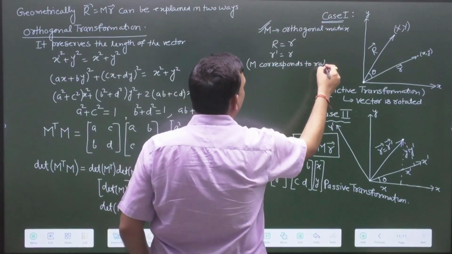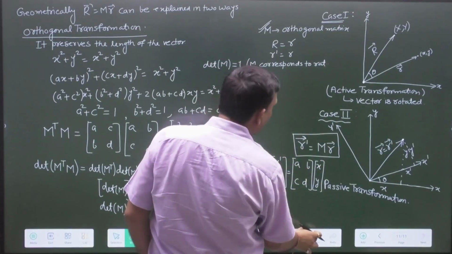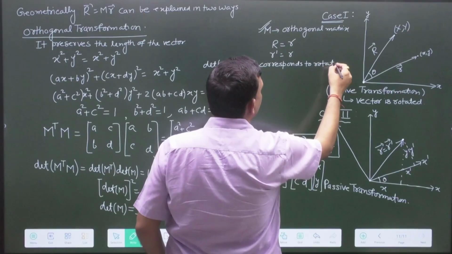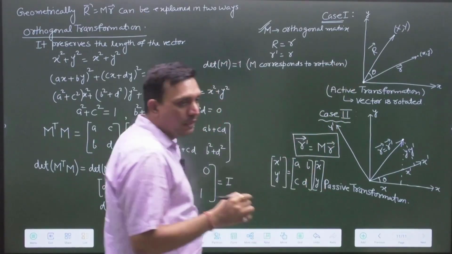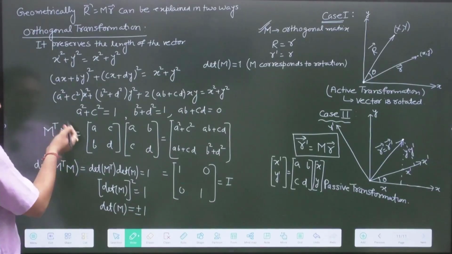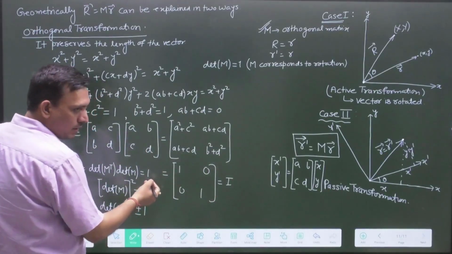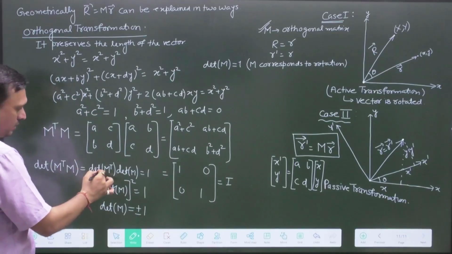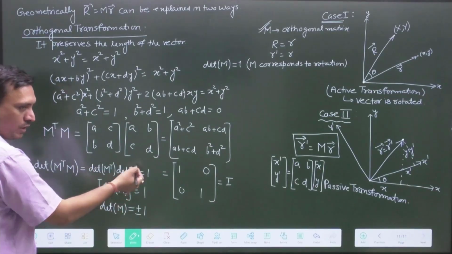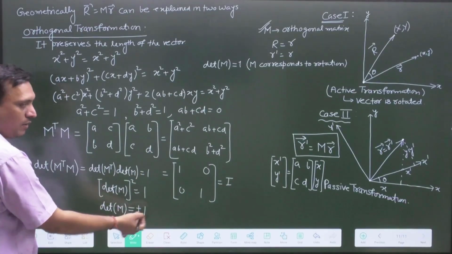So there will be rotation involved. What will be the determinant of this value? That is determinant I is 1, and determinant A into B is determinant A into determinant B. The transpose of a determinant is the same, so that will be square. So determinant M will be plus minus 1.